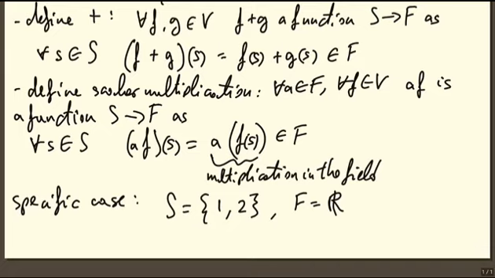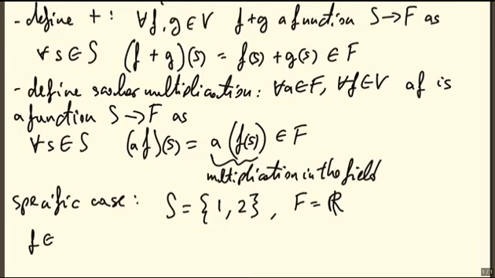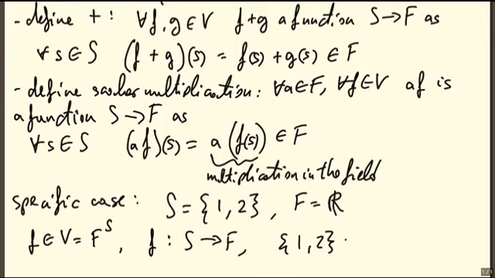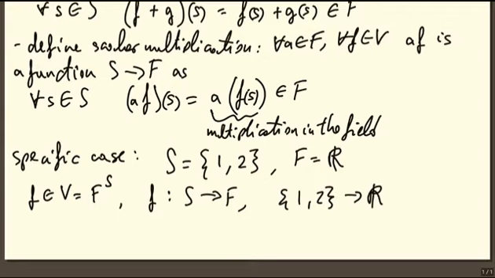So then, as a vector in the vector space V, f is supposed to be a function from S to F. That means we have functions from the set {1, 2} into the real numbers. So the domain is the set {1, 2} basically, and then we are mapping into R.